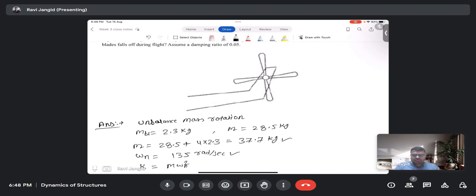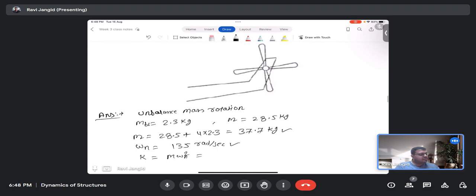So 37.7 into 135 square comes out to be 687,082 newton per meter, or I can write it as 687 kilonewton per meter.